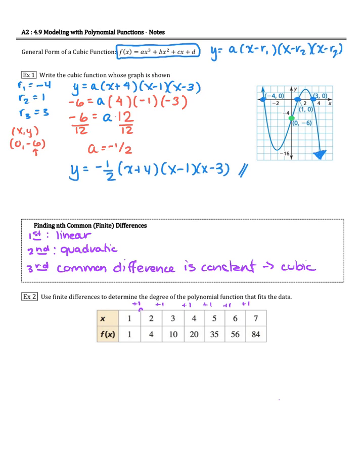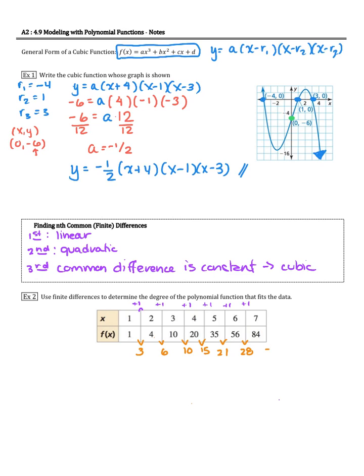So let's look at what's happening with our y values. 4 minus 1 is 3. 10 minus 4 is 6. 20 minus 10 is 10. 35, so that difference is 15. Then we get 21, and this is going to be, I believe, 28, but you want to be careful. And that is what it is.